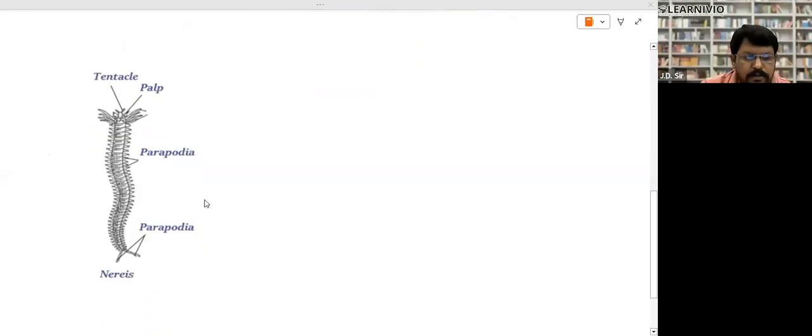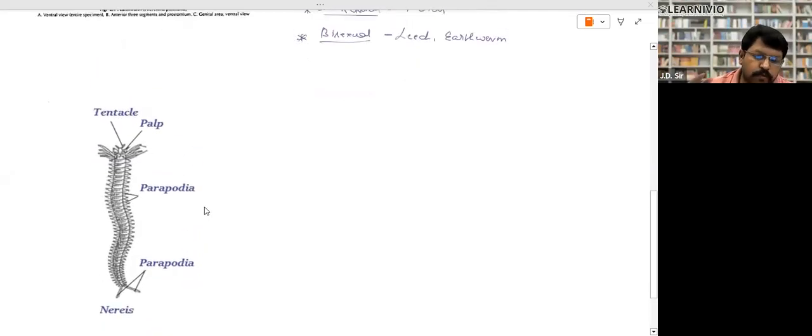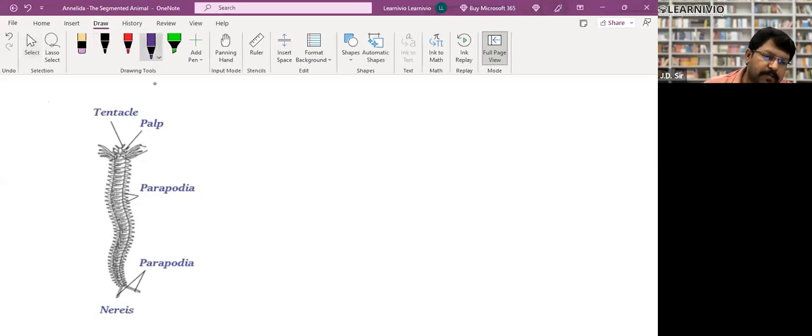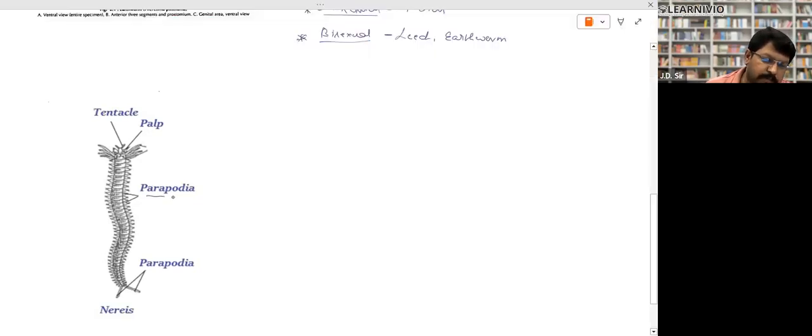Look, this is Nereis. It also belongs to this group. It is also segmented, but these structures are called parapodia. Parapodia are foot-like structures, right?